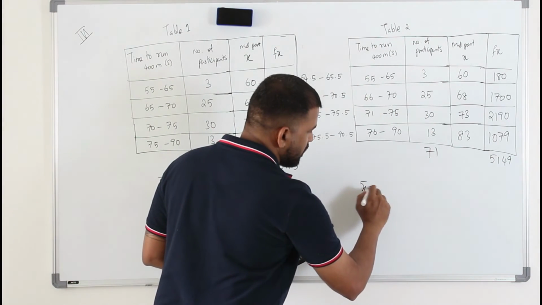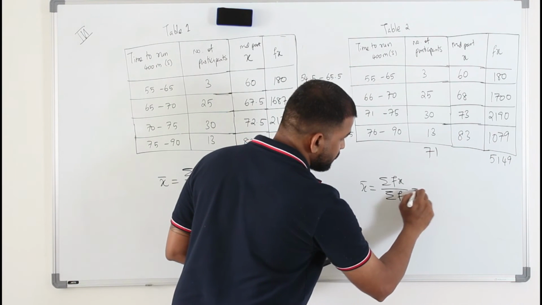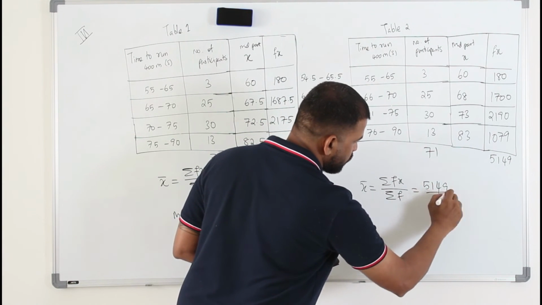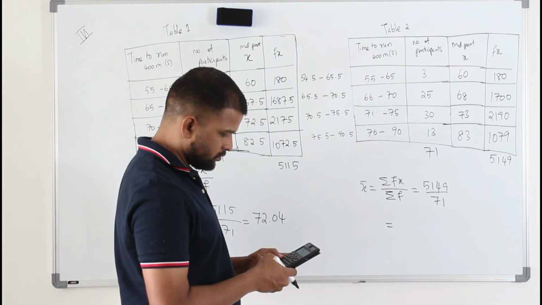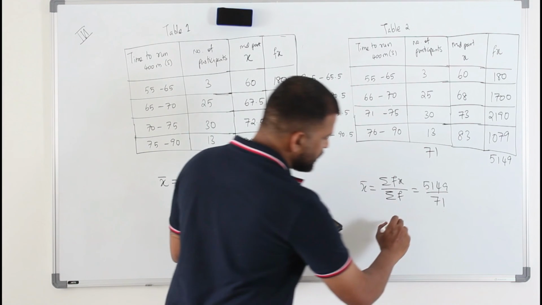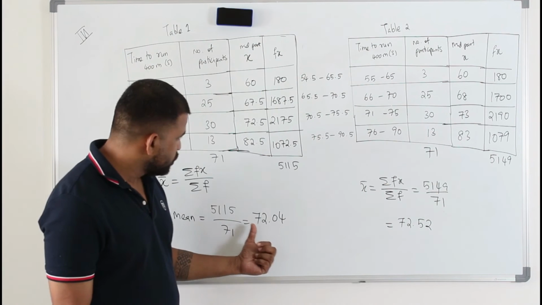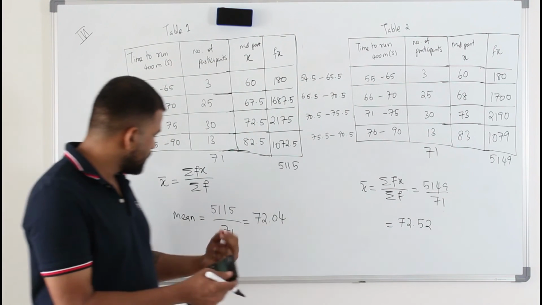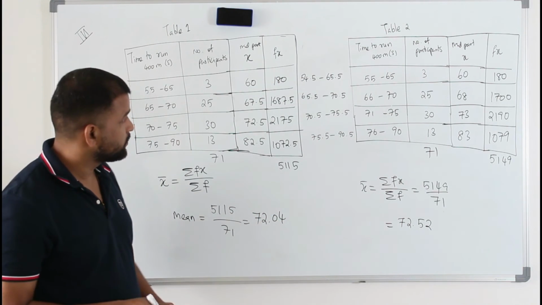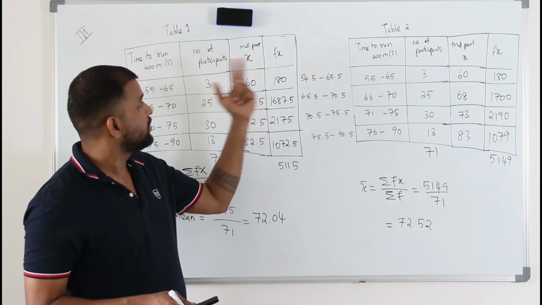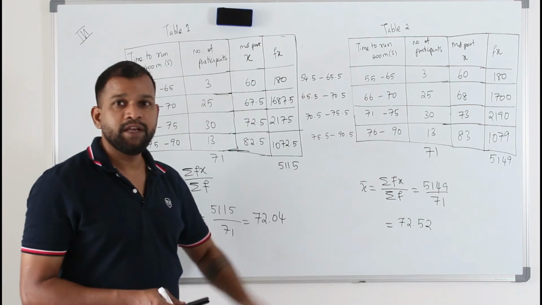So the mean x bar is going to be sigma fx over sigma f, which is 5149 over 70, which gives 72.5. If you look at these two means, they are quite close to each other, right? Not a huge difference. So that's how you find the class boundaries with the midpoint and the mean here.